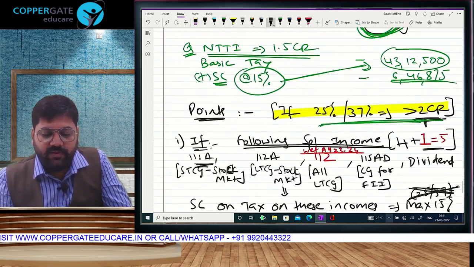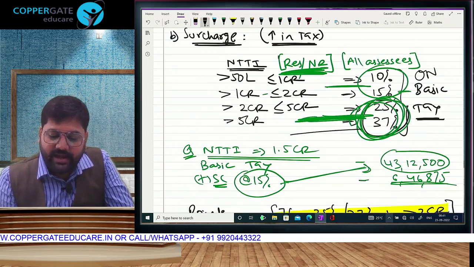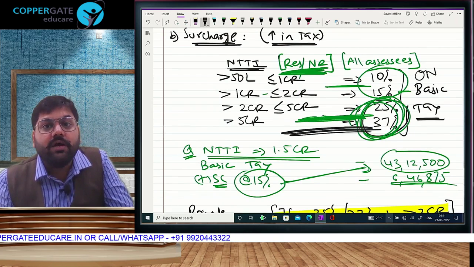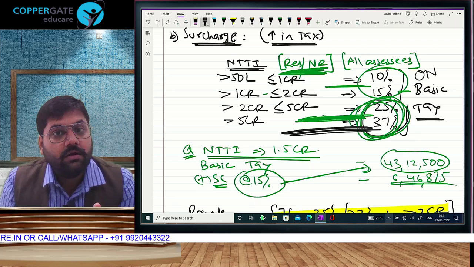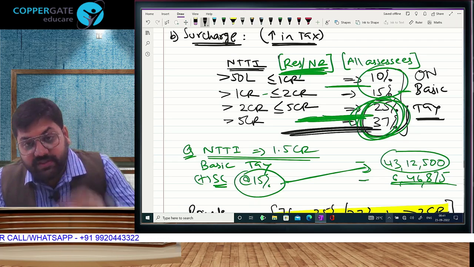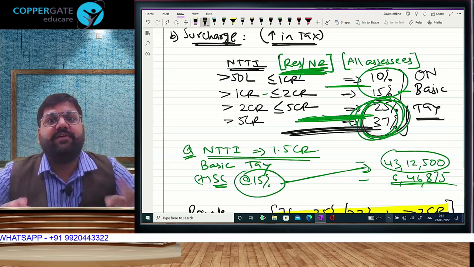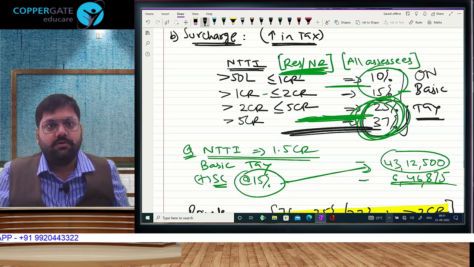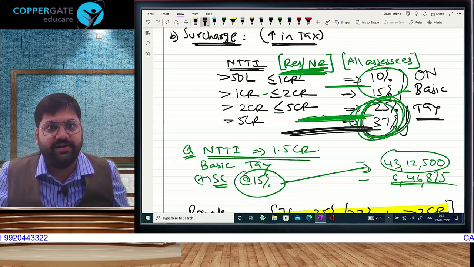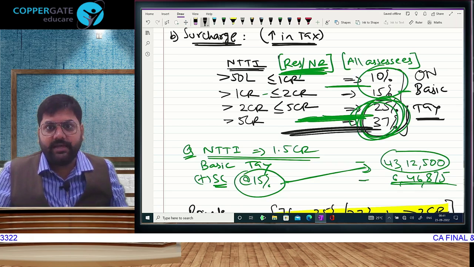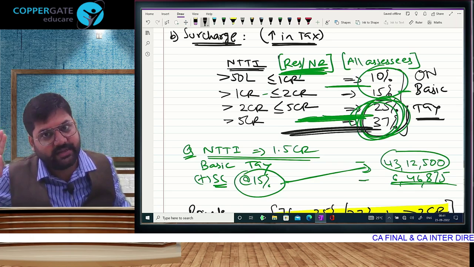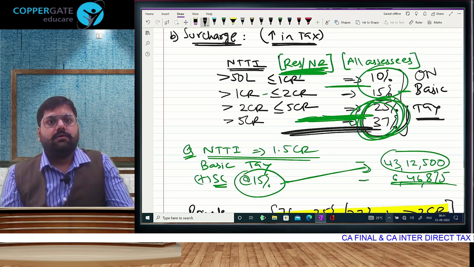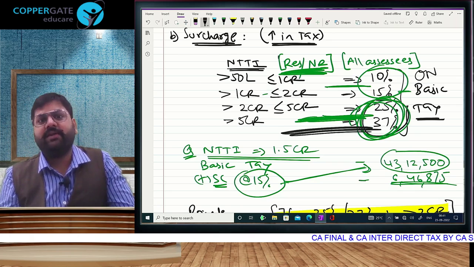Normally, if the income of any assessee exceeds rupees 2 crore, is 25 and 37 applicable? Yes. But on these incomes, supposing I have got dividend income of 6 crore. I am the next Junjunwala of the country. A person who has made such investment in equity shares will easily earn more than 2 crore in dividend itself.